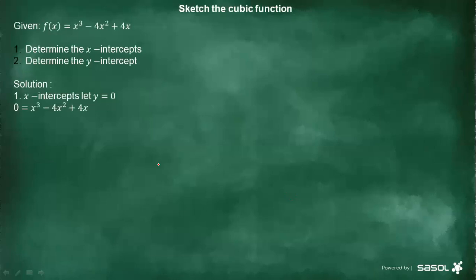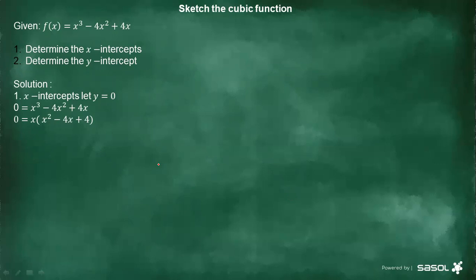Now, in this one there is no need for us to apply the method we have learned on how to factorize a cubic. You can see that we have a common factor there, which is x.